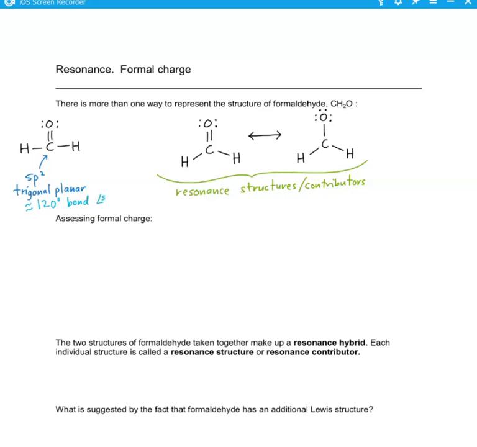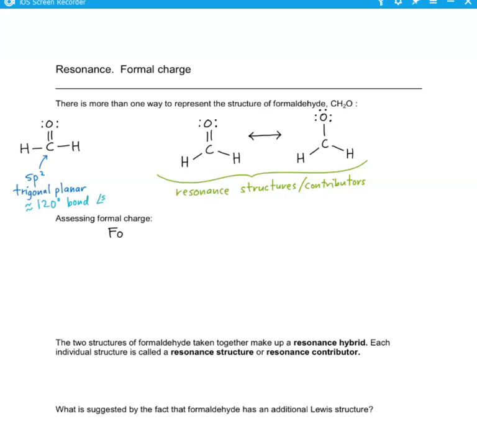So I'm going to give you a formula. You've probably seen a formula for formal charge before. It might be in a slightly different format than the one that I'm going to give you, but it's going to get you to the same place. So whatever formal charge formula you learned, you can go ahead and use that because it's going to be fine.